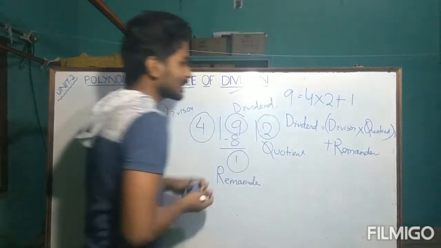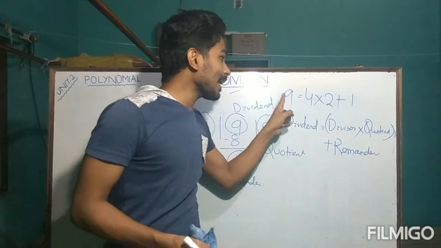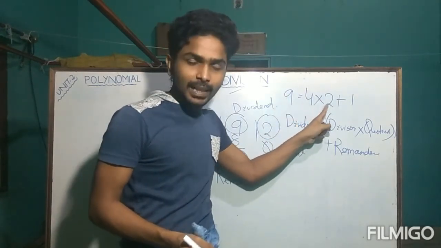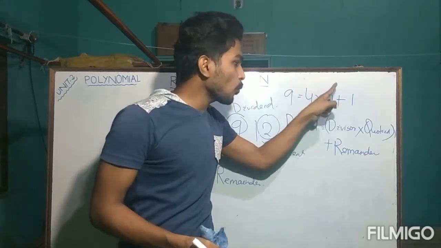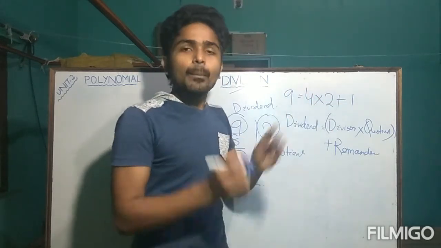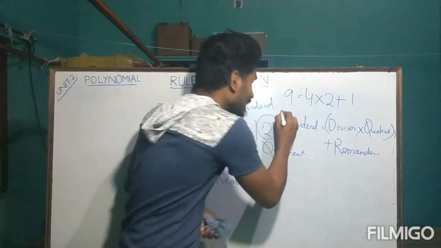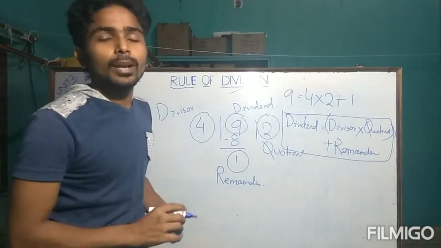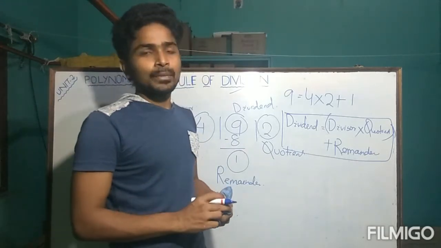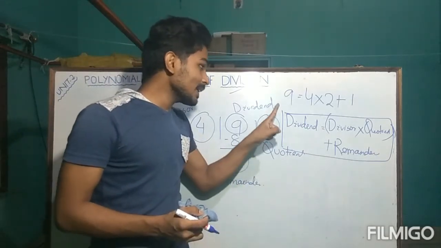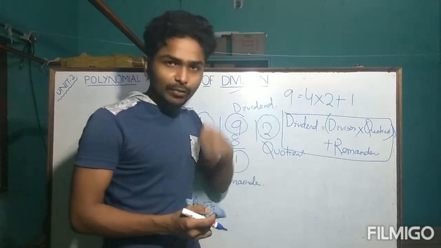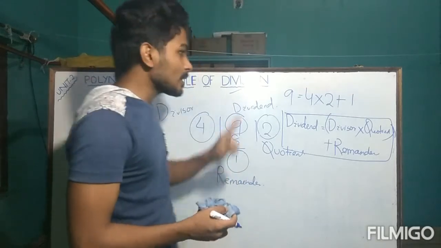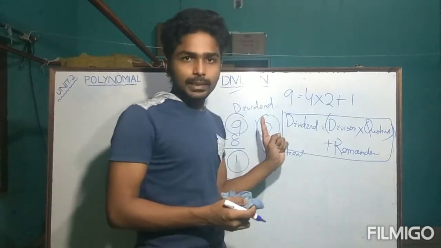So we see that the dividend, 9, can be calculated by multiplying the divisor with the quotient and then adding the remainder to the multiplication. This rule or formula is known as the division formula or rule of division. By using this formula, we can easily calculate the dividend if the divisor, quotient and remainder are given. It is applicable for integers.